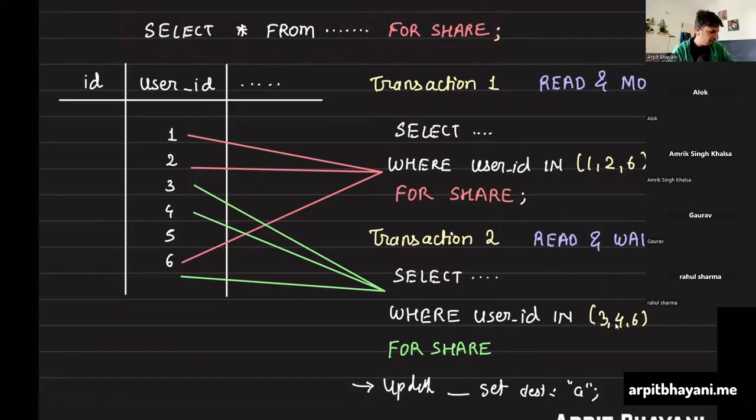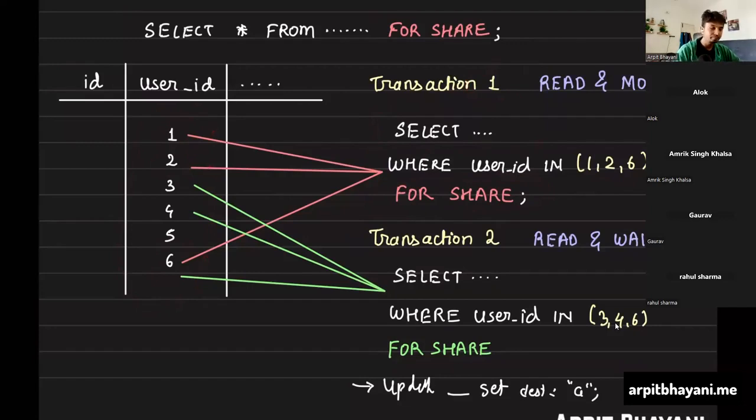So for example, let's say I have these 6 rows, and I want transaction 1 to take a shared lock on 1, 2, and 6. I would fire a query something like this: select where user ID in 1, 2, 6 for share. When this command executes successfully, transaction T1 would have shared locks on rows 1, 2, and 6.